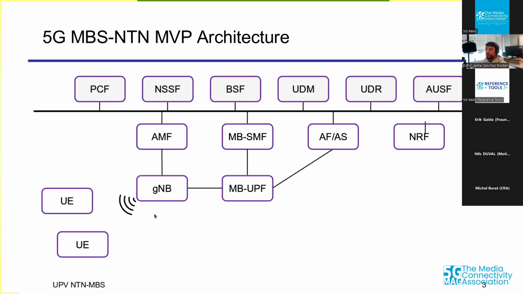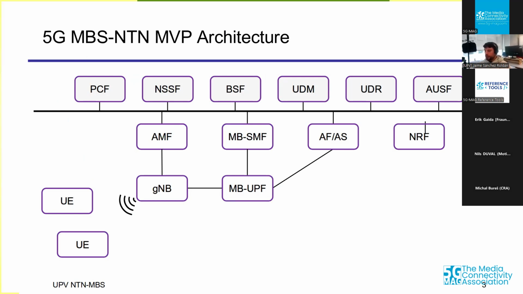So we have here the block diagram of the different network functions at the core and the elements of the RAN, so-called the gNB and the UEs. Here are the network functions that are used in our implementation, the Open5GS based implementation, because we use Open5GS as a base for our work.